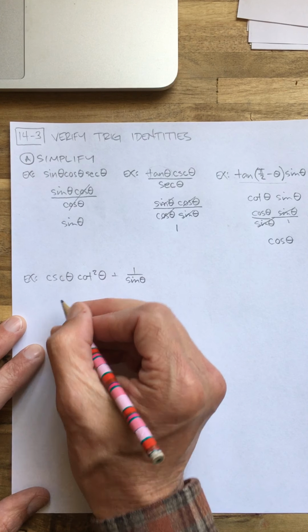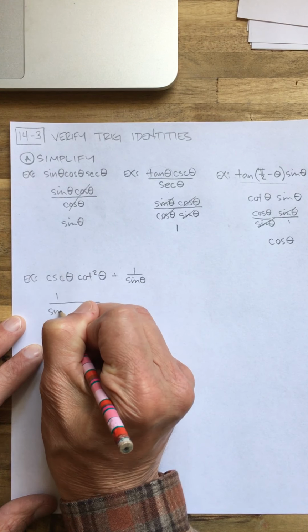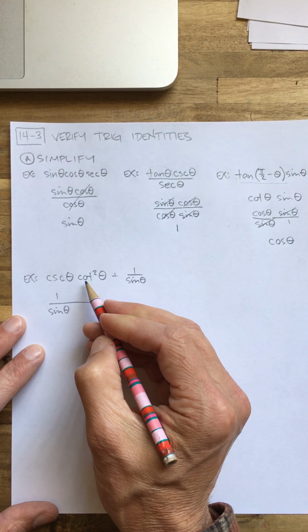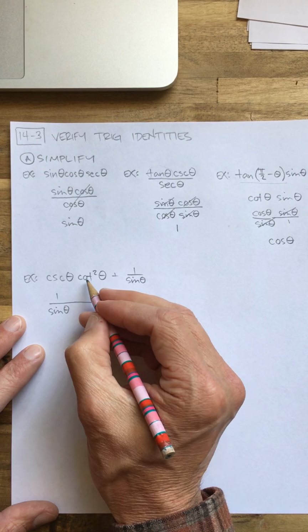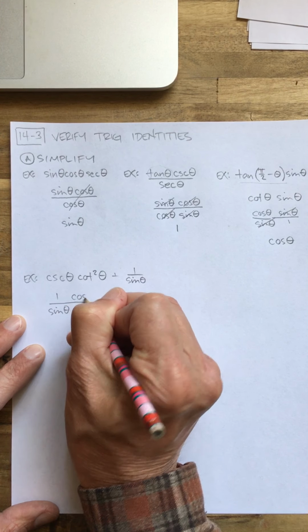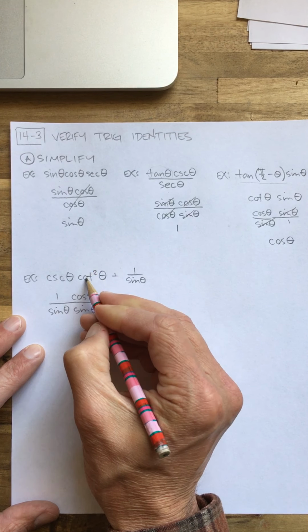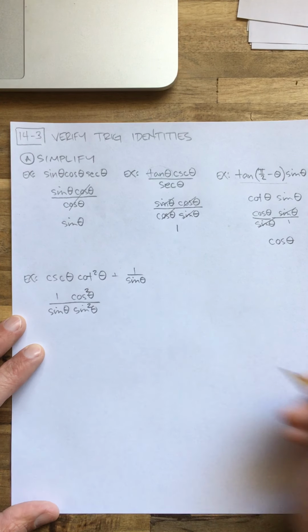So cosecant is 1 over the sine of theta. Cotangent squared, isn't that cosine theta over sine theta? Since it's cotangent squared, it's going to be cosine squared theta over sine squared theta.